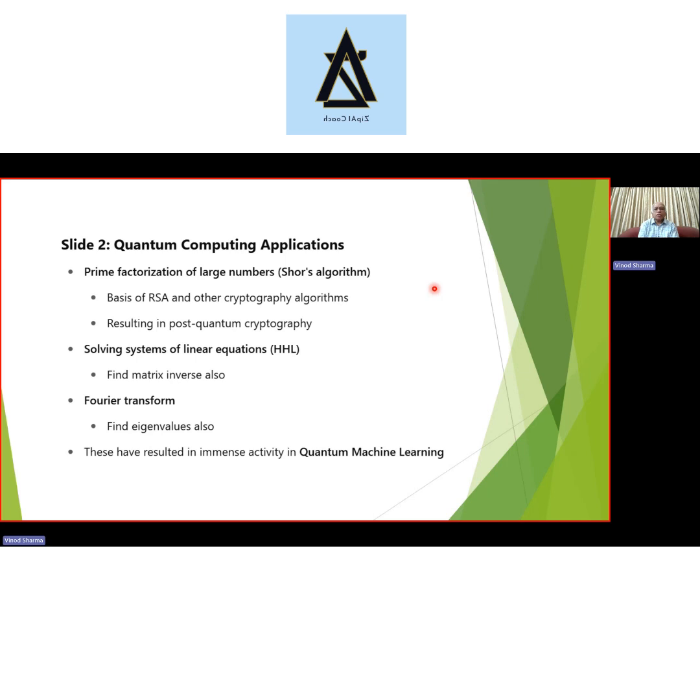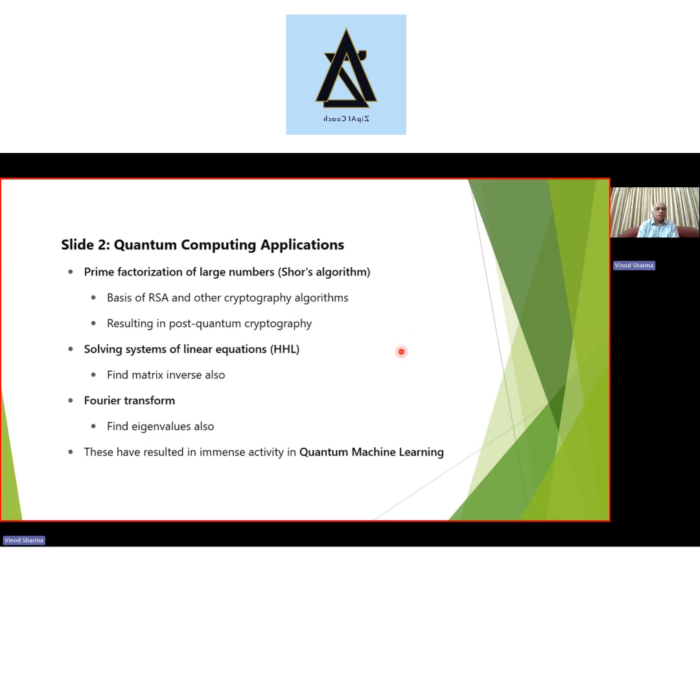However, Shor's algorithm that came up in early 90s showed that if you have powerful quantum computers, then this problem of prime factorization of large numbers can actually be solved in polynomial time on the quantum computers. So that made a lot of excitement and a lot of worries because, as we said, that RSA is the basis of most of the cryptography algorithm available today.